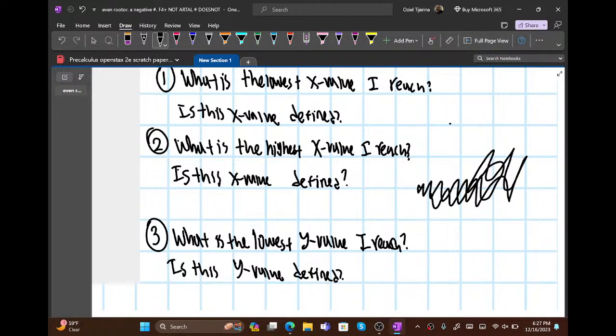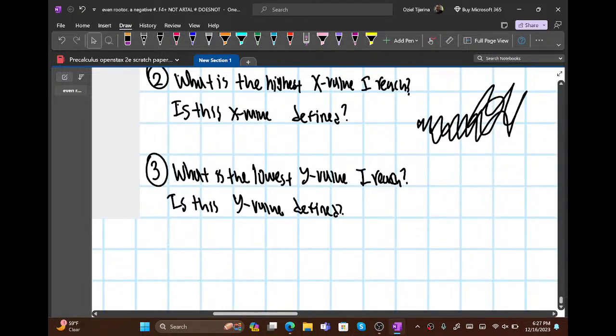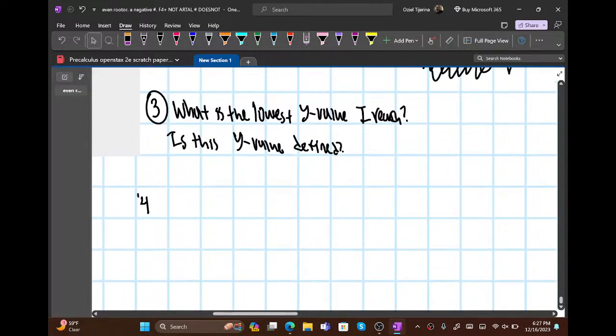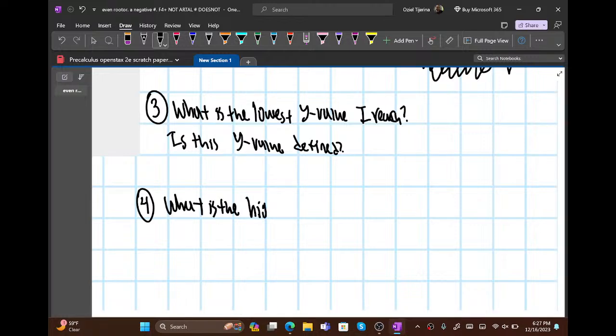And then similarly, what is the highest y value I reach? Is this y value defined?